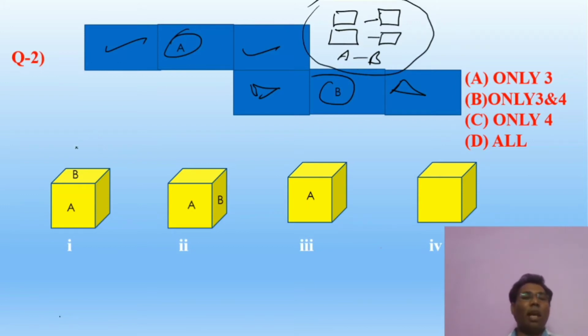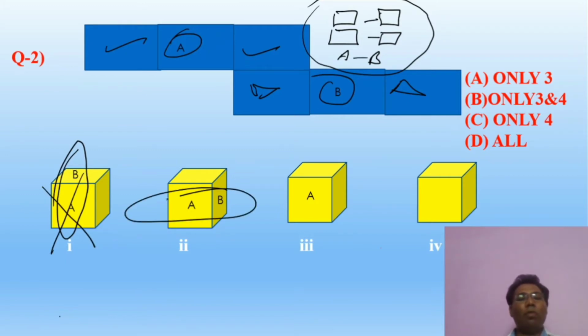Now we have to apply the elimination method in the 4 figures. A and B are an opposite pair, so this is wrong. A and B are an opposite pair, so this is wrong. A is here, meaning B is somewhere hiding behind, so this is possible, and these two blanks are possible because these two blanks might be this one, this two, or this two.